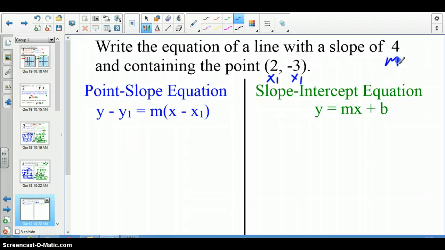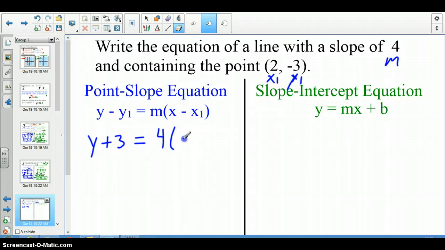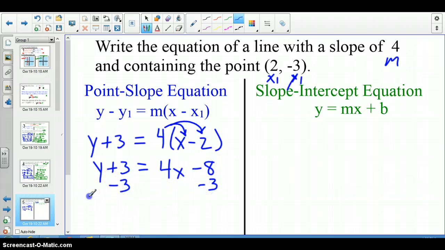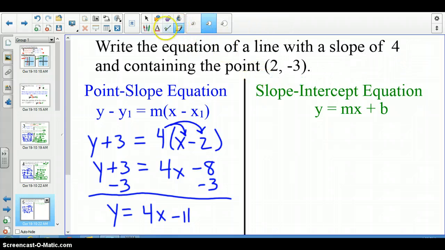I will put both of them up so you will be able to see my work. So you can see I'm going to do both ways.